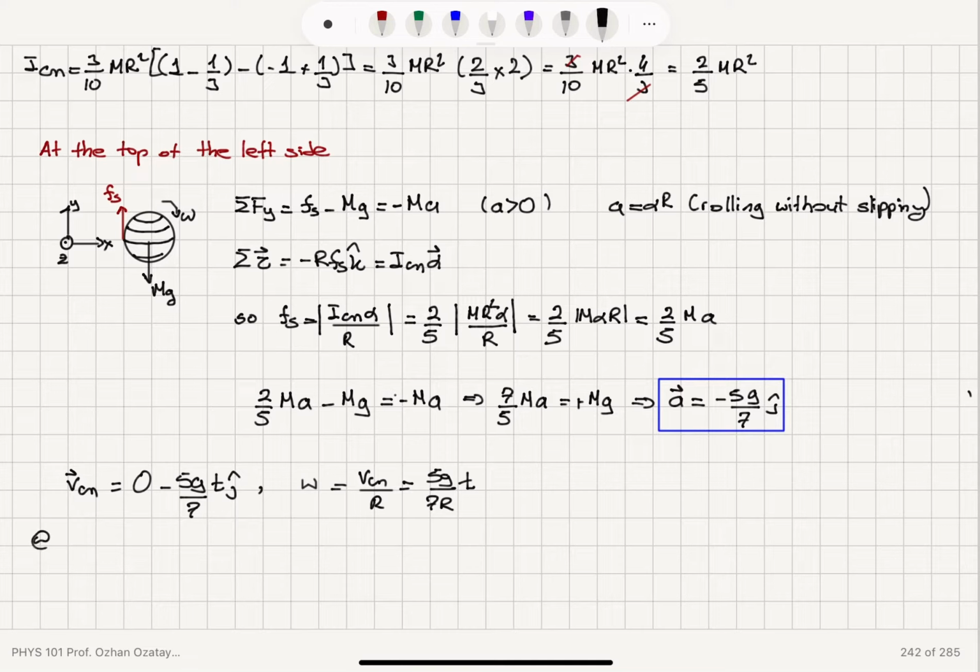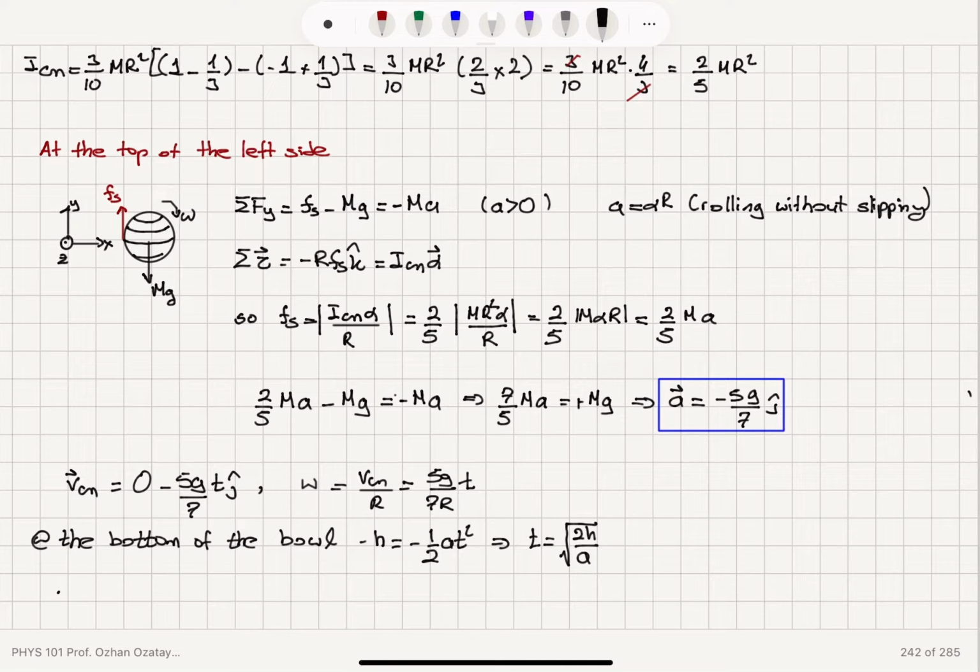Now let's concentrate on the bottom of the ball. At the bottom of the ball, h, the distance that we had traveled, minus h will be equal to minus 1 over 2 a t squared, because we have acceleration in the downward direction, so that will give us a time of square root 2h divided by a to reach the bottom.